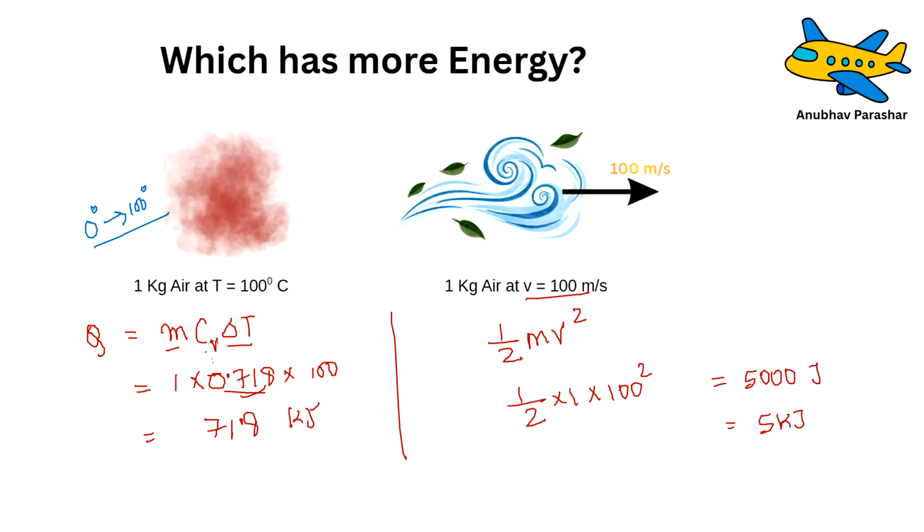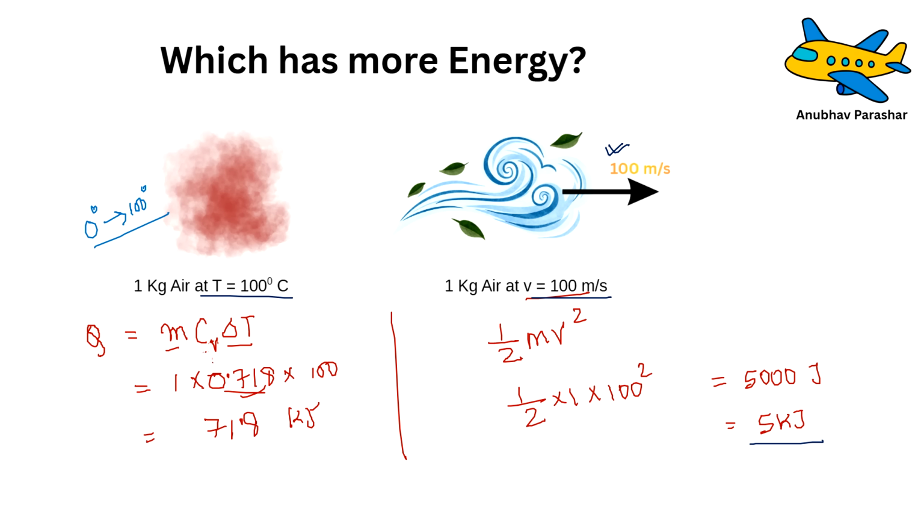The energy possessed by air at 100 degrees centigrade is almost 15 times the energy of air at 100 meter per second, the same quantity of air. And that is why heat energy is so very powerful. The energy possessed by the system because of temperature, the sensible energy, is much higher than something which is moving with the kinetic energy part, right?